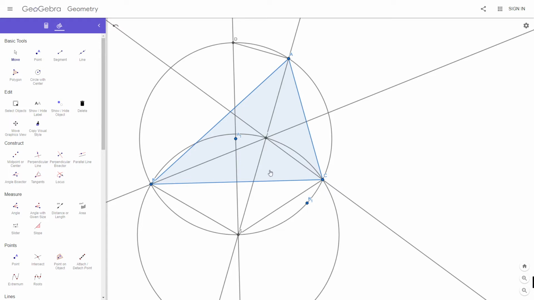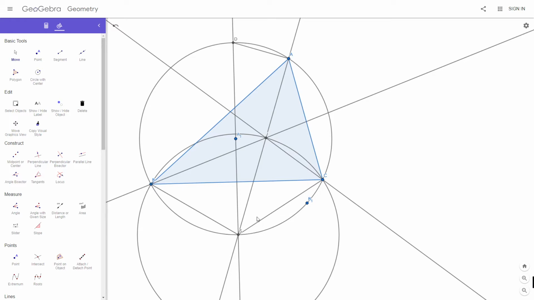And yeah, so that gives us what this angle is equal to, 90 minus IBC, for instance. And then notice that ICS is equal to ICB plus BCS.